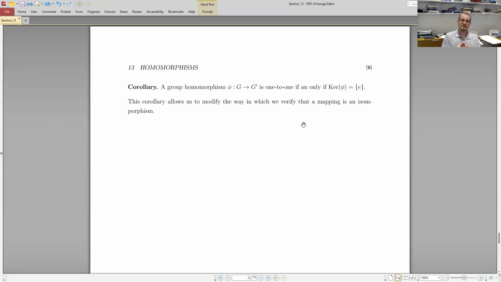Now, if we have an isomorphism, I already said it earlier, I think maybe in the first video for the section, that the kernel is just the identity in G. And that's all that we're saying here. If we have something that's one-to-one, then the image of one element is going to be one element. So the preimage of one element is going to be one element. If it's one-to-one, or it's one-to-one if and only if that.